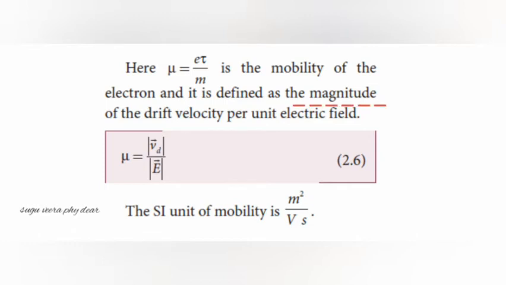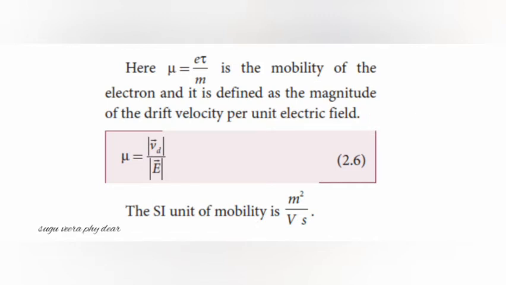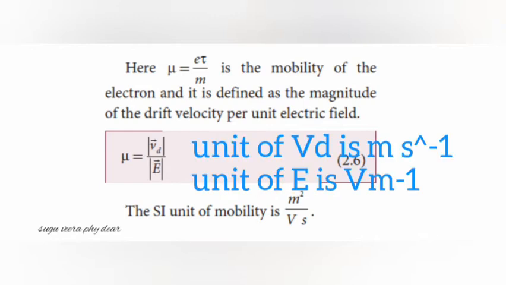Here μ = eτ divided by m is the mobility of the electron, and it is defined as the magnitude of drift velocity per unit electric field. μ = Vd divided by E. The SI unit of mobility is m² V⁻¹ s⁻¹, or m² per V s. How to calculate the unit of mobility?